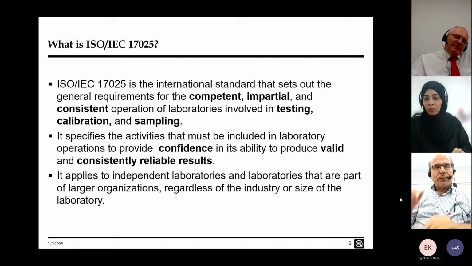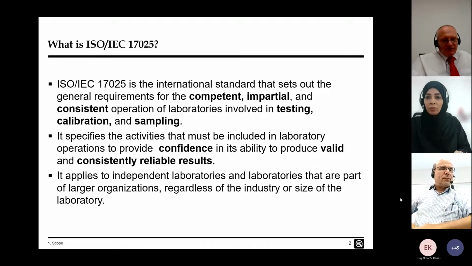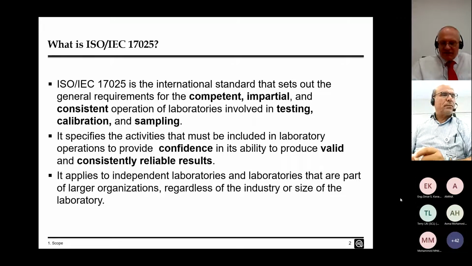And how we do that, we specify the activities that must be included in the laboratory operations to provide the confidence in the ability to produce valid and consistent and reliable results. And it applies to all laboratories. It doesn't matter if you're independent or a government organization, or if you're a large organization or a small organization. All of that is all covered by the same standard. And it's really a very minimal set of the things you should be doing to ensure that you can consistently get the right results.